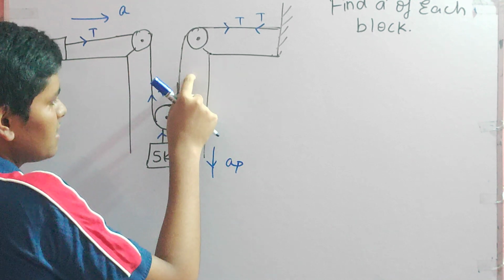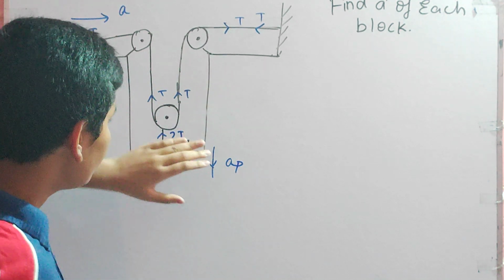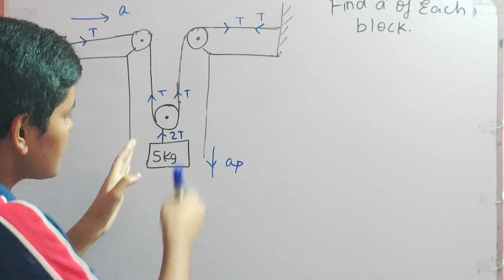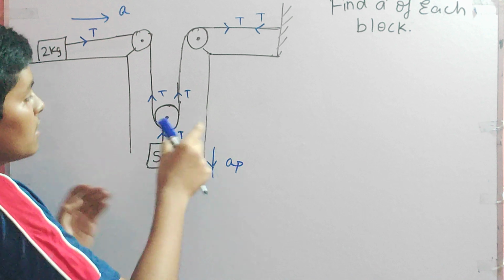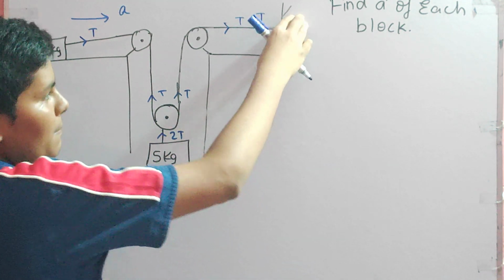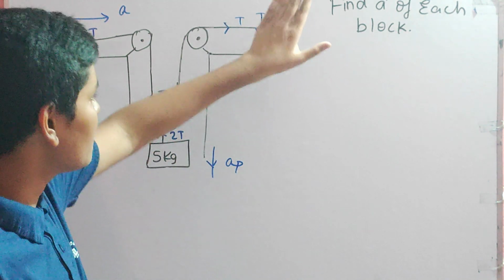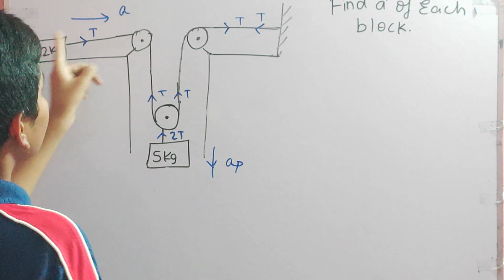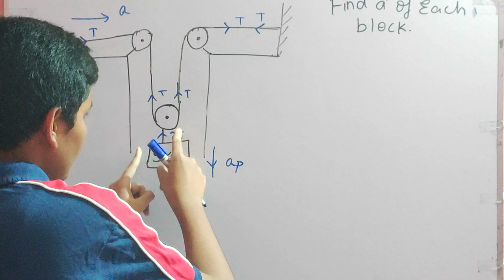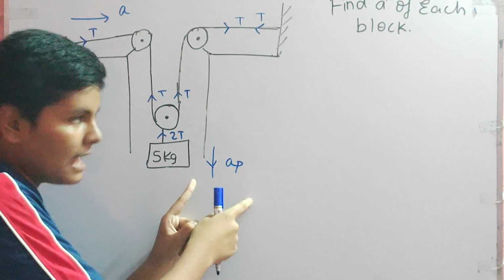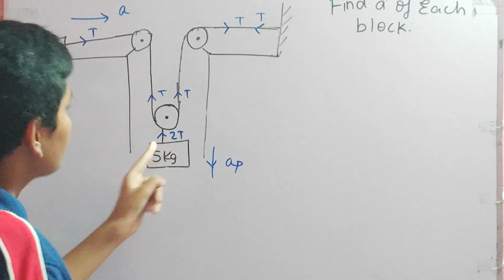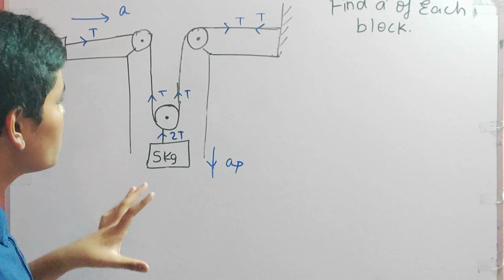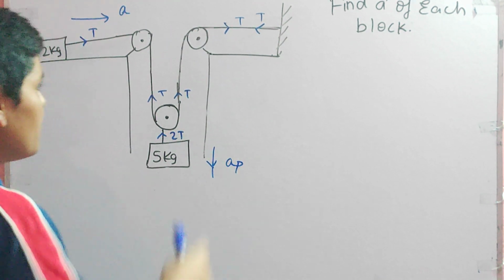Again, if this were a movable pulley instead of a fixed one, then as this pulley is going down, from here also the string will come, from here also the string will come. So if this is acceleration A, from here also the pulley comes down with A, and from here also the string comes down. So this would be the case, but here it is not possible because this is the fixed one.